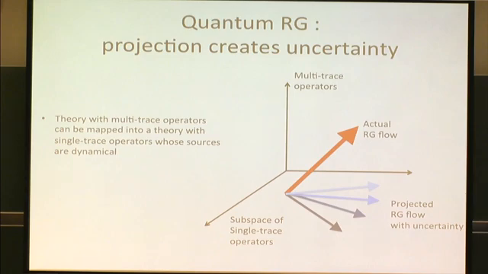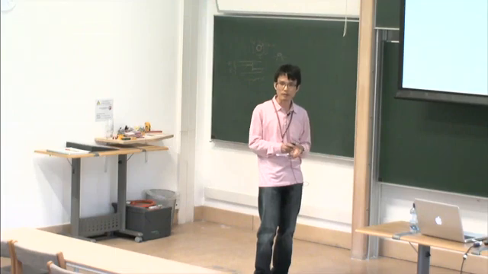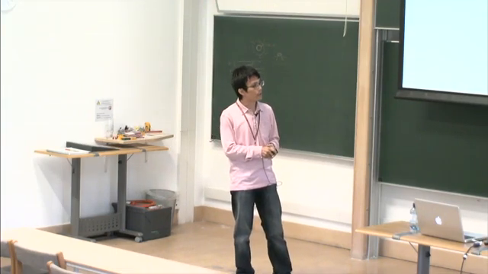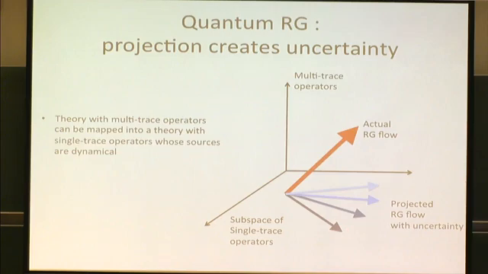And the statement is that the partition function of this theory, where I have double trace operators, is equivalent to a theory where you have only single trace operators, provided that the sources for the single trace operators are dynamical.